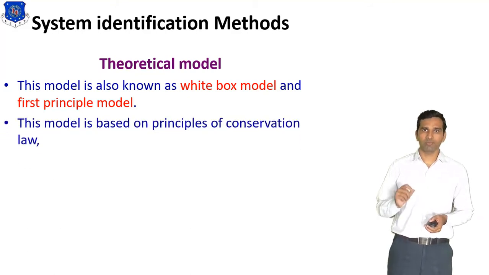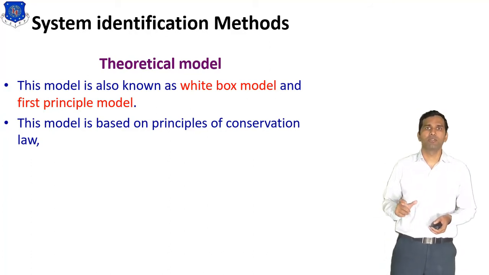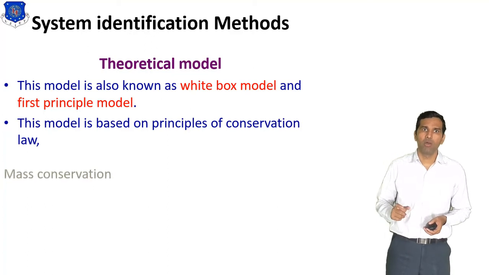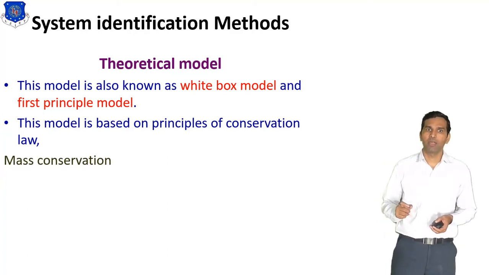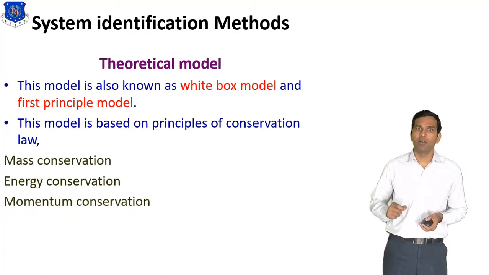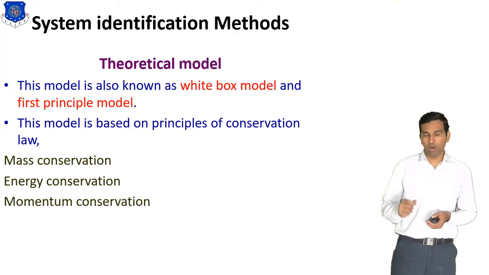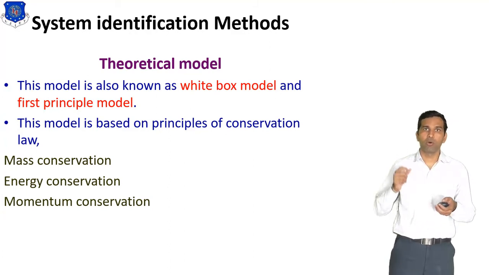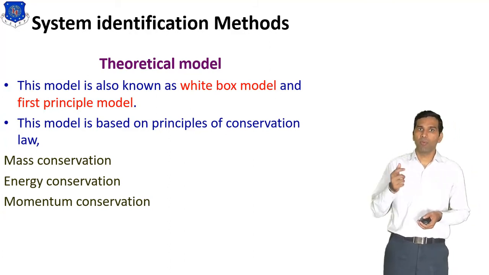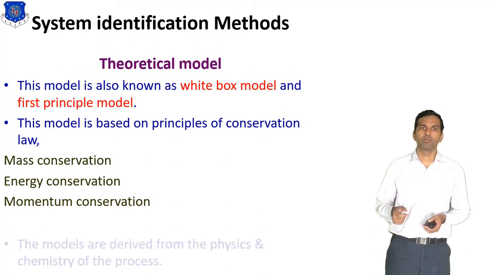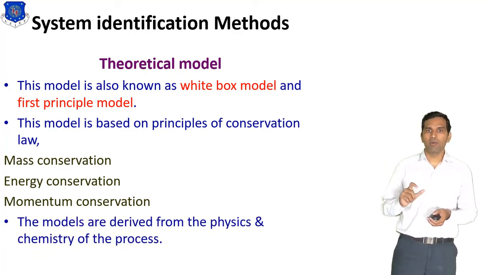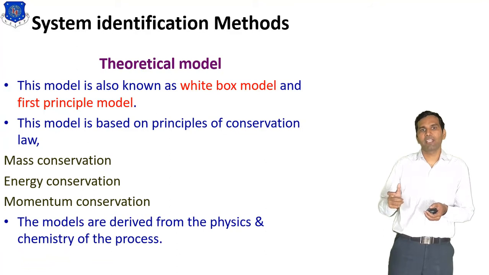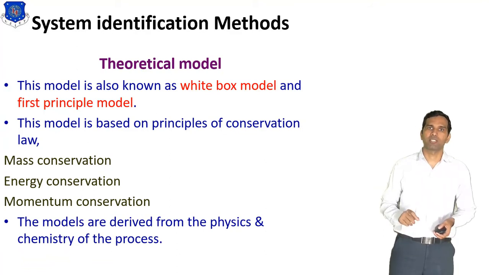This model is based on the principle of conservation laws. Basic principles are used, like conservation laws: mass conservation, energy conservation, momentum conservation, or we can also say Newton's law is used to define this model. The models are derived from the physics and chemistry of the process.